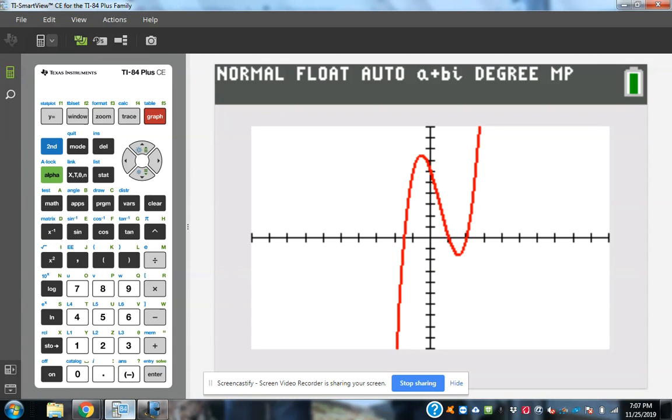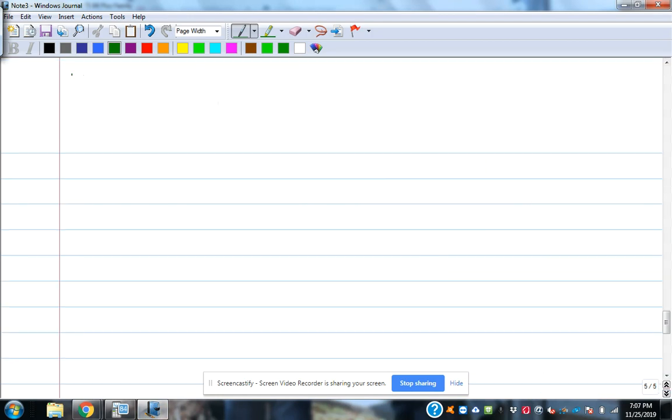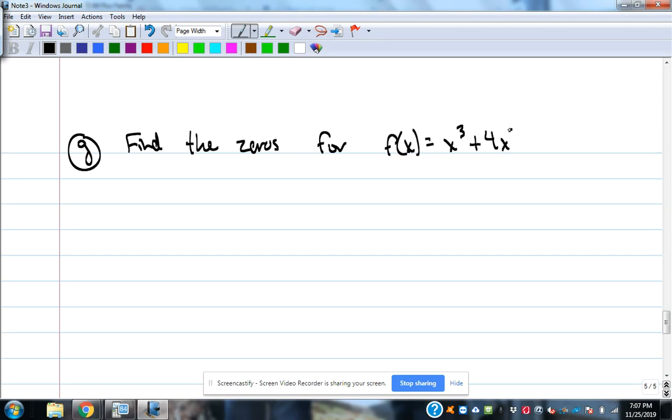Let's look at one of the problems that we've already kind of done. Let's find the zeros for f of x is equal to x cubed plus 4x squared minus 5 if x equals 1 is a 0.